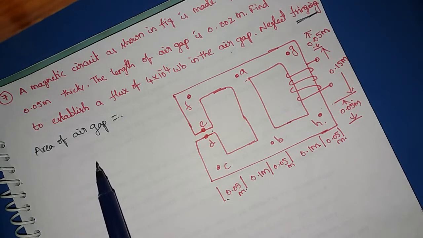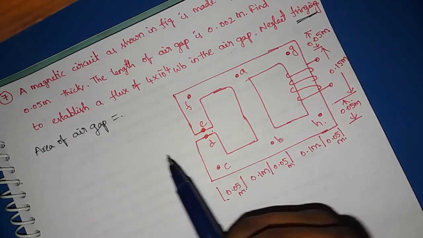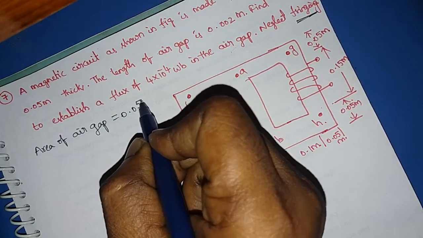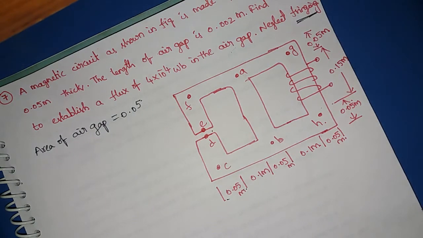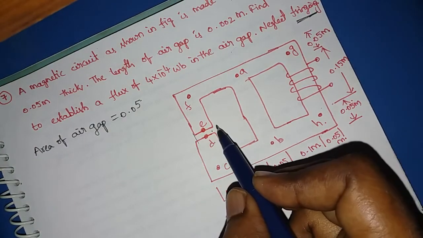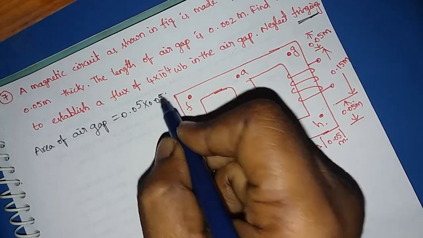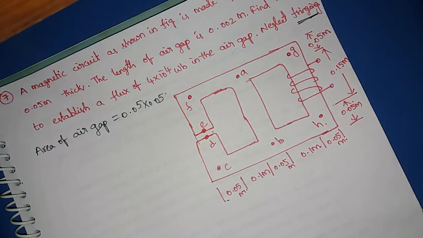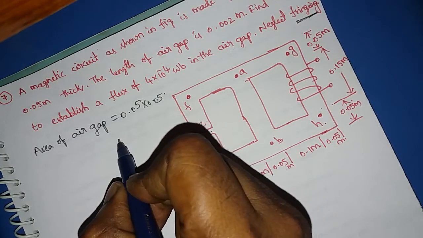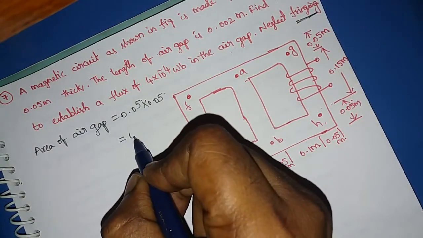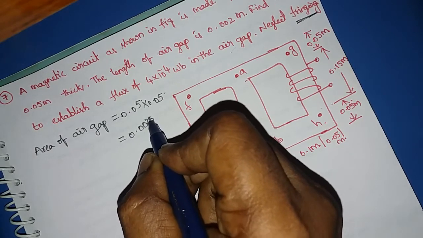Okay, so hence the area of the air gap is given by multiplying these two, that is 0.05 into 0.05 because it is square. So I am calculating the area. This will be around 0.0025 meters square.